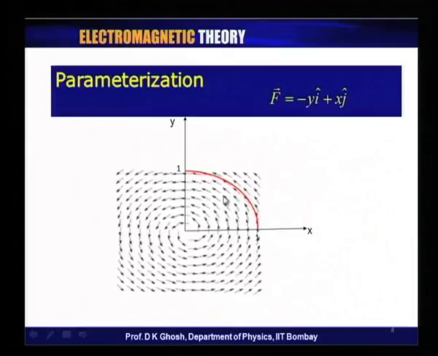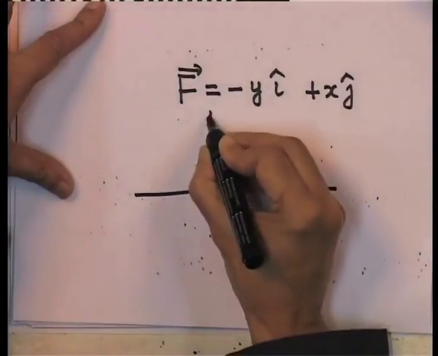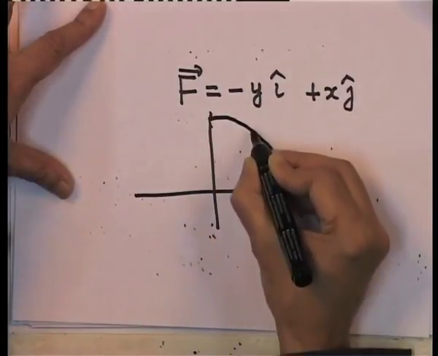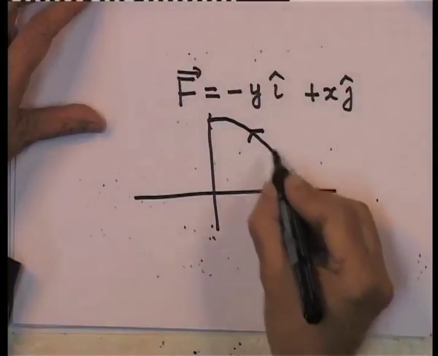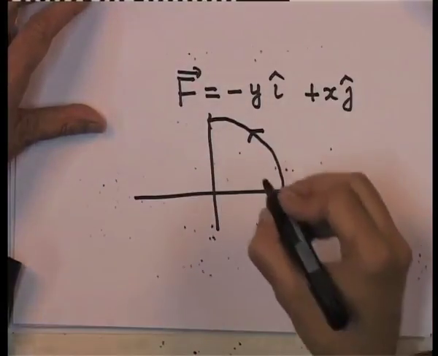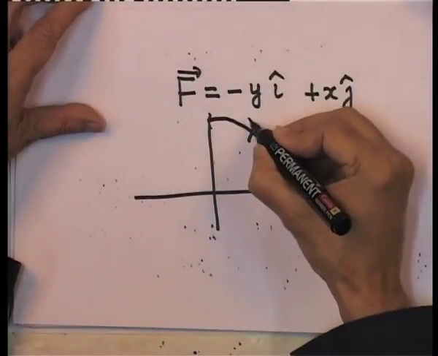Now, as a result, loosely speaking, these vectors are all directed somewhat in the upward direction. I am going to compute my line integral along this path, and in this path the direction of dl is like this.